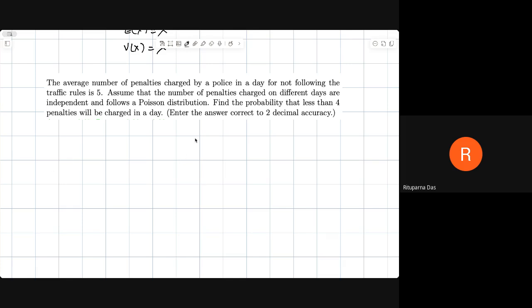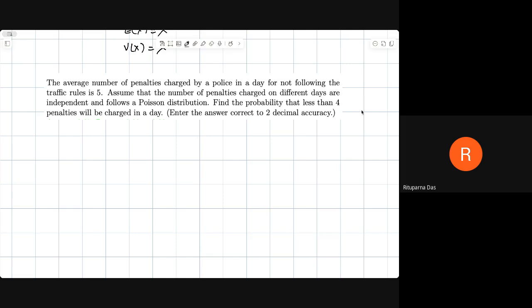Yeah, so in this particular question, they are asking us to find the probability that less than 4 penalties will be charged in a day. So less than 4 penalties means we want to find P of x less than 4.